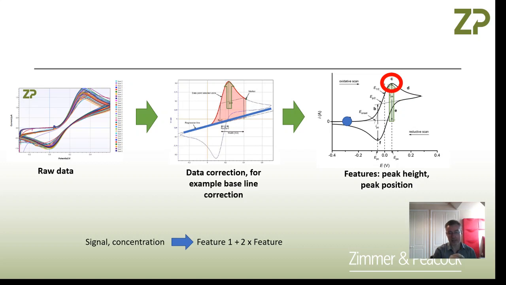So you might have a signal or concentration that is proportional to feature 1, let's say the peak position along the x-axis, and feature 2, the peak height along the y-axis. I have a simple equation here: signal or concentration is equal to feature 1 plus 2 times feature 2. The equations are never that simple.